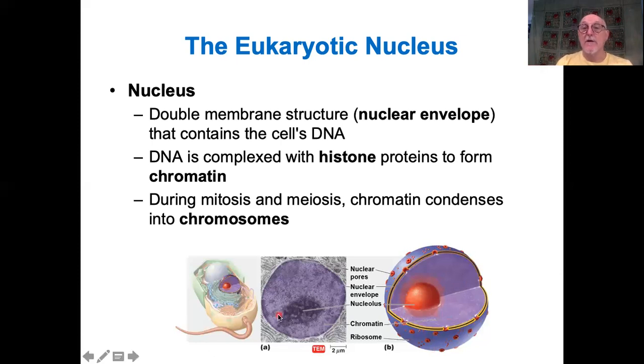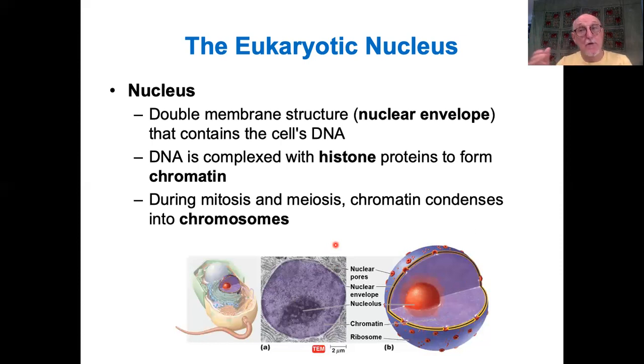And those processes take place during the two major processes of cell division in the eukaryotes, which are mitosis, the normal divisions of cell growth, and meiosis, which is specifically for sexual reproduction.